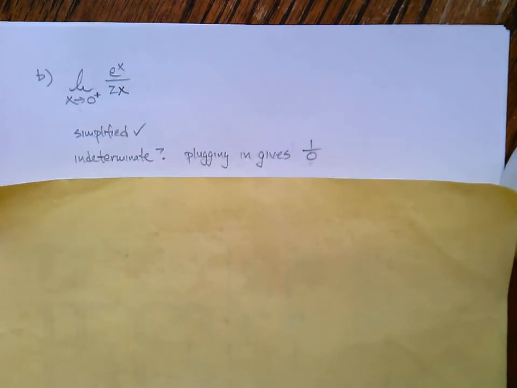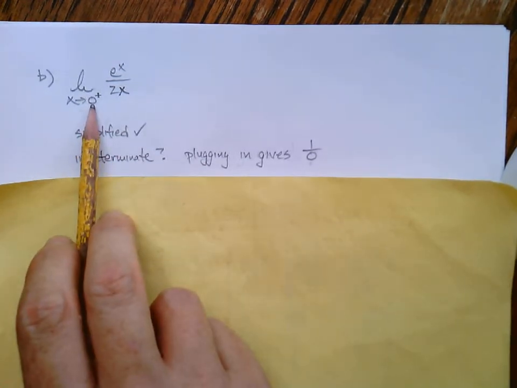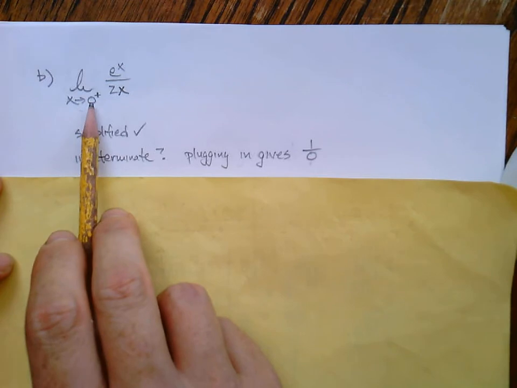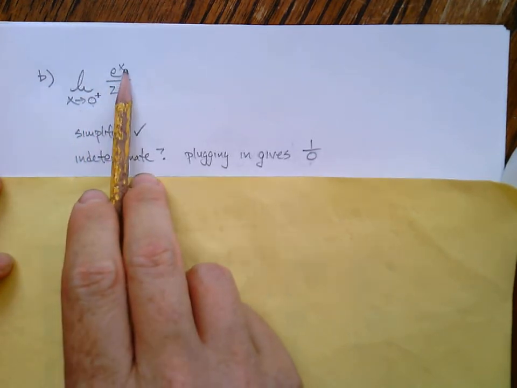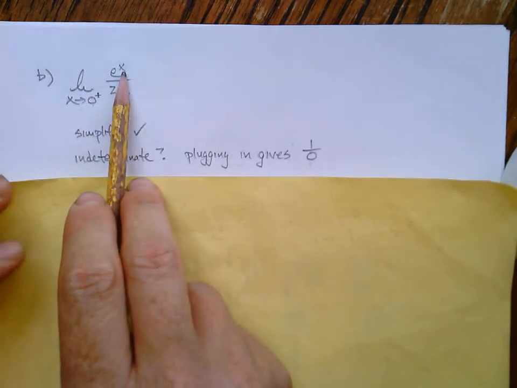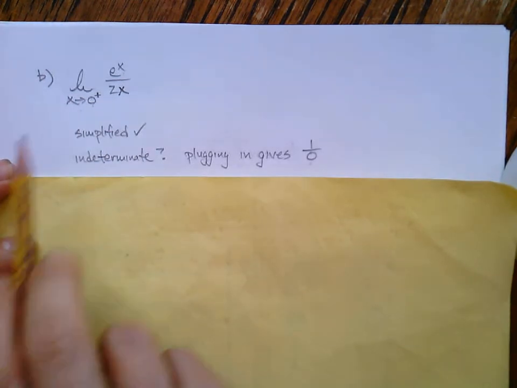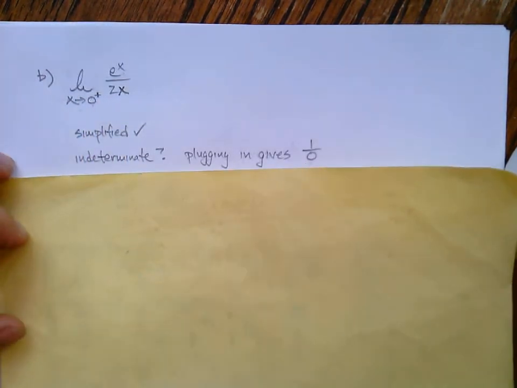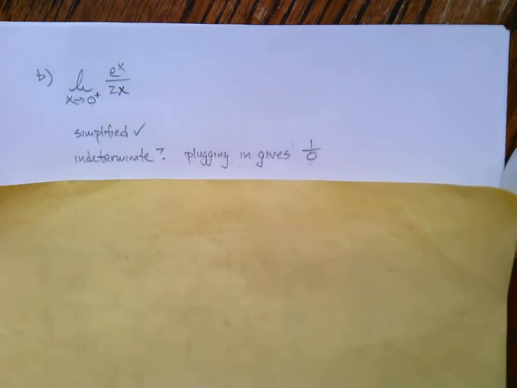Okay, so to check whether it's indeterminate, we attempt to plug in our x value. So plugging in 0, now 0 from the right, e to the 0 gives you 1, and 2 times 0 is 0, so plugging in gives 1 over 0. Hey, is 1 over 0 in our list of indeterminate forms?